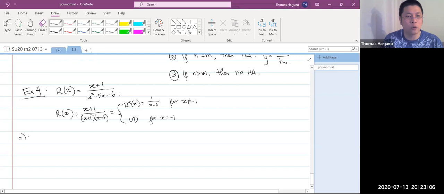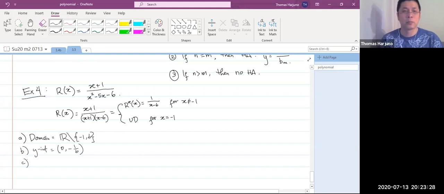First part, the domain is all real numbers except -1 and 6. Part B, the y-intercept is (0, -1/6). That's straightforward. Part C, the x-intercept.